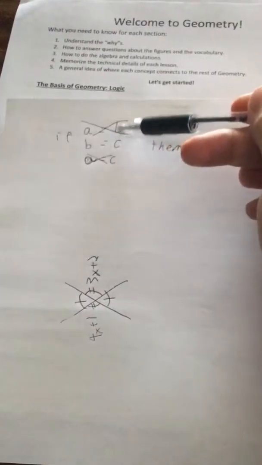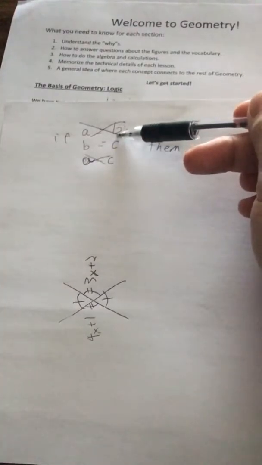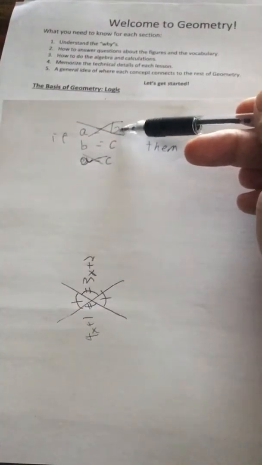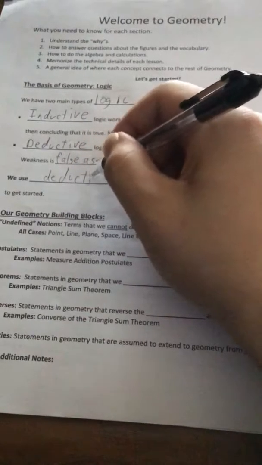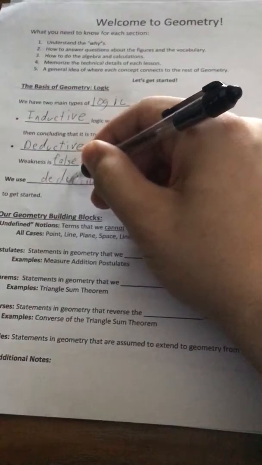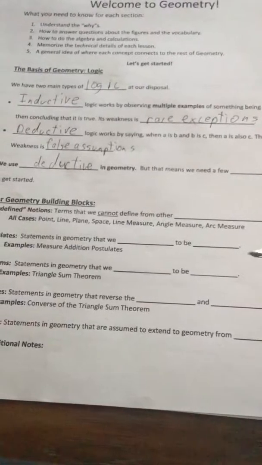But we limit them to that many because we don't want to be caught in a bad situation like this. And it's very difficult to trace an error like this too. In any case, in geometry, we use deductive logic. But that means that we need a few assumptions to get started.